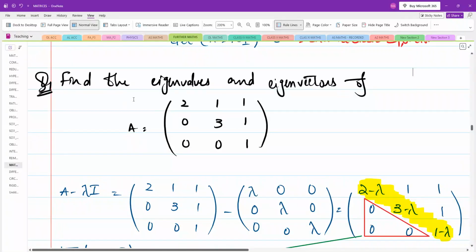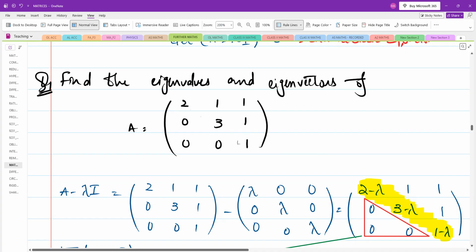easier said, easier shown, is that from this transformation matrix over here, we are going to subtract lambda from the main diagonal.